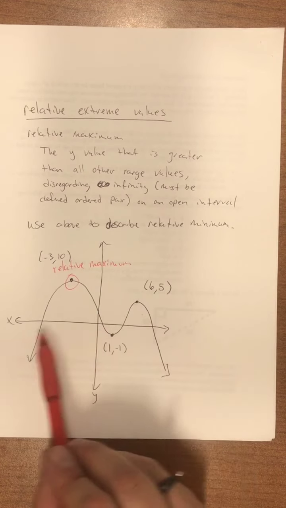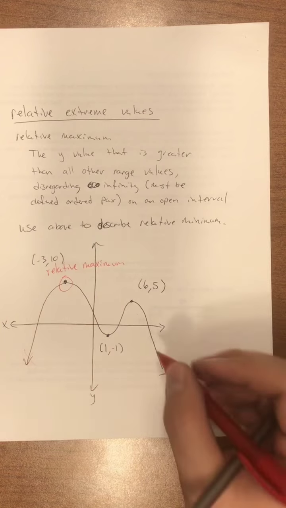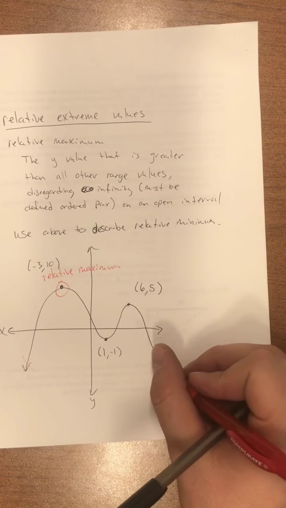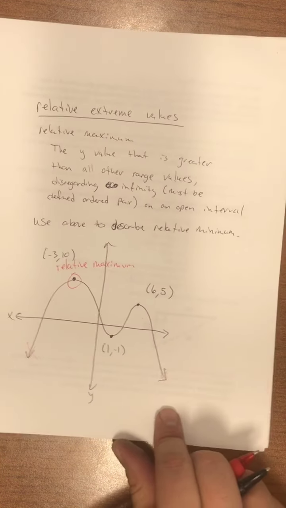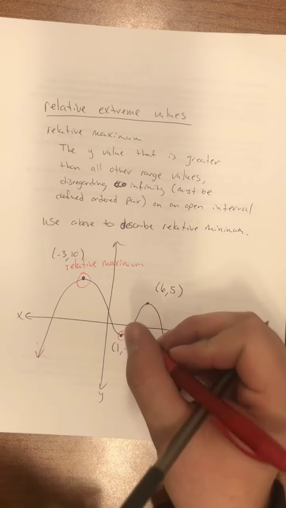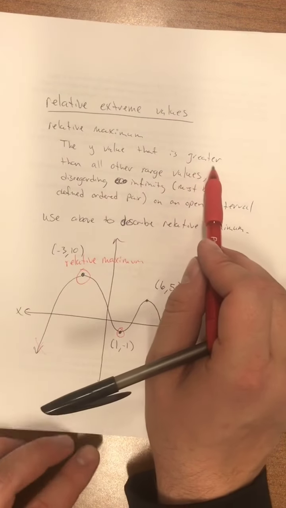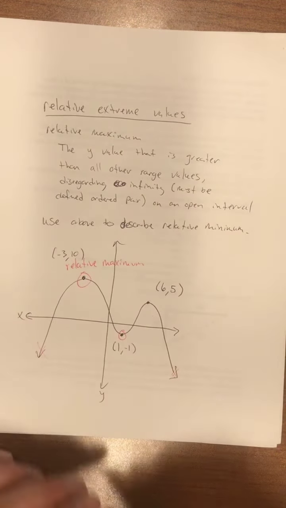So the domain of this polynomial is negative infinity to infinity. We disregard the negative infinity and the positive infinity when talking about relative extreme values because we have to have a defined ordered pair on the interval. Negative infinity is definitely not an ordered pair. So using this above, you just rewrite that to say, the y value that is less than all other range values.